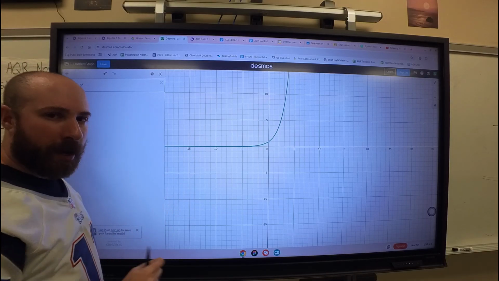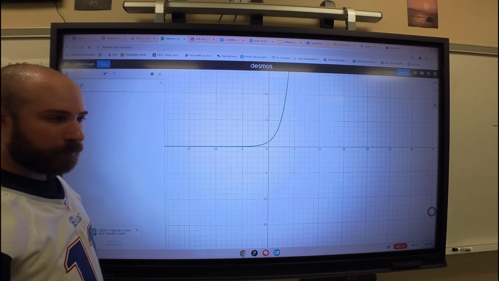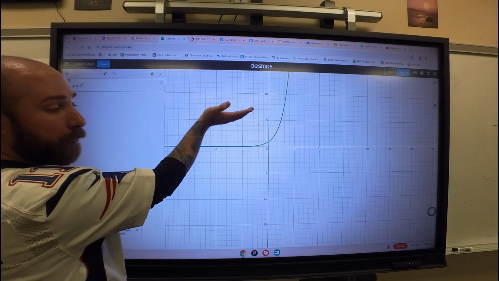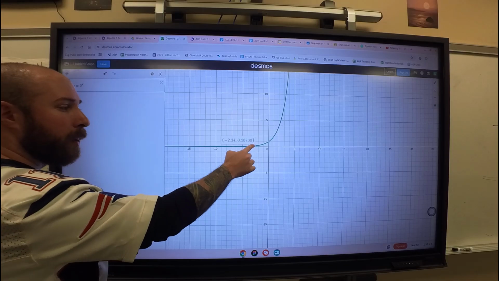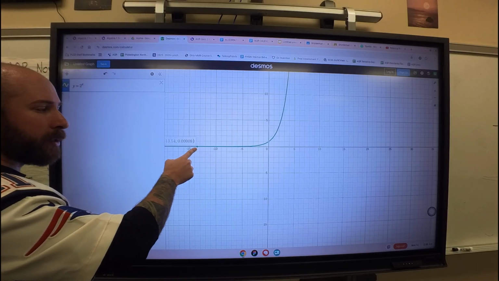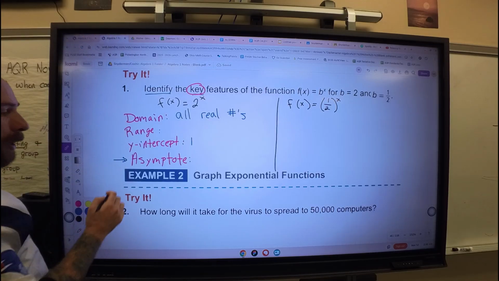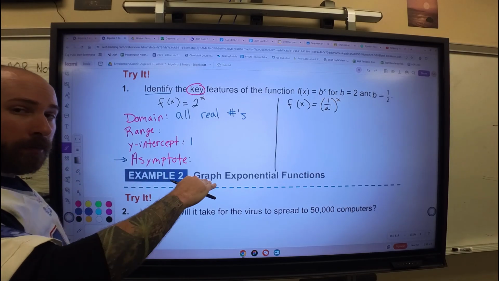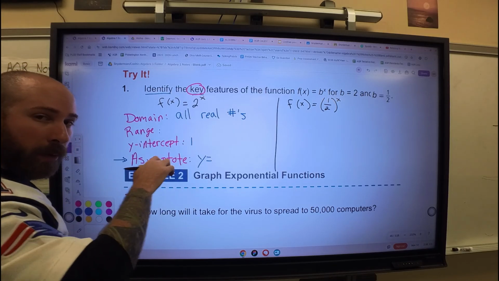And it will actually never touch 0, and it will never cross 0. Okay? I can shift this graph up and push it down, doing our translations like we've done before, but for right now, it's coming to 0 and it's never actually touching it. All right, so our asymptote here, again, it's a horizontal line. Horizontal lines say y equals, and it's the number that we're at, 0.